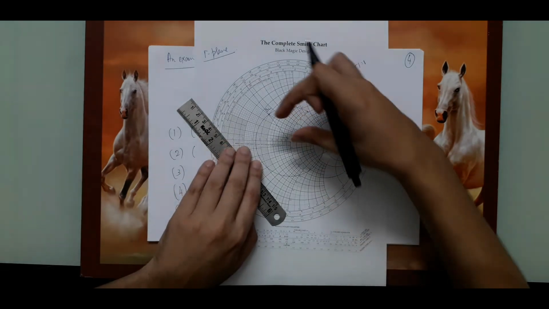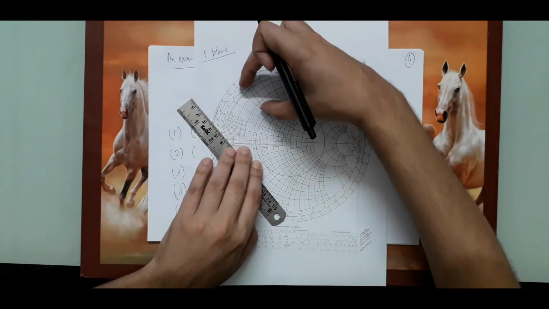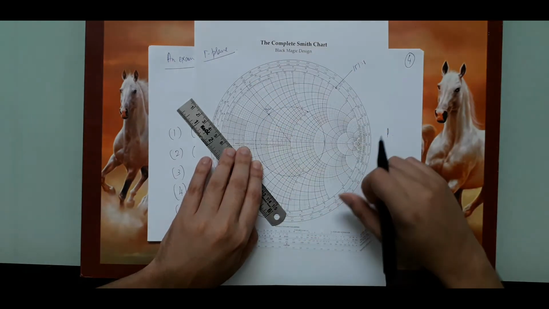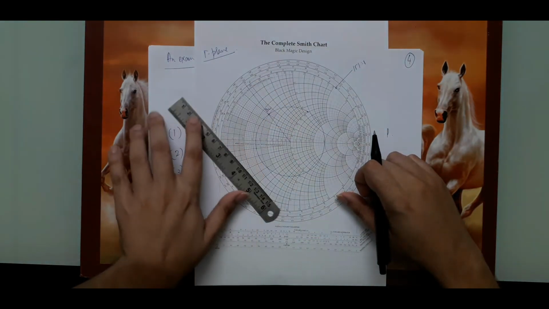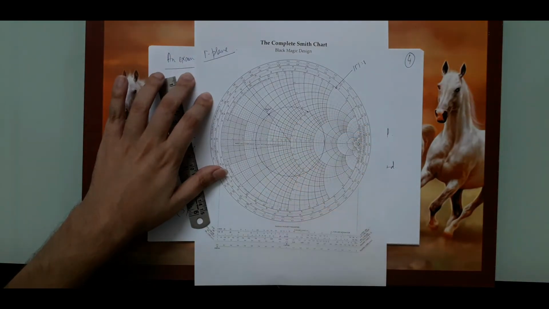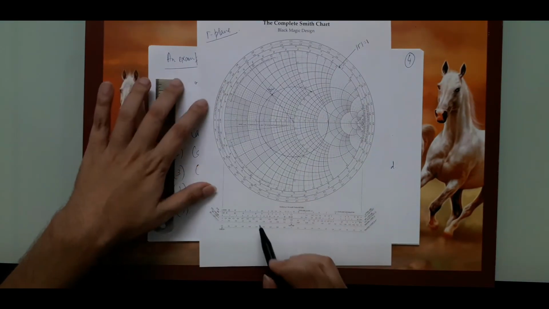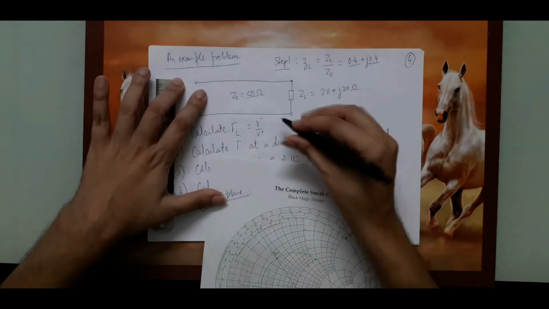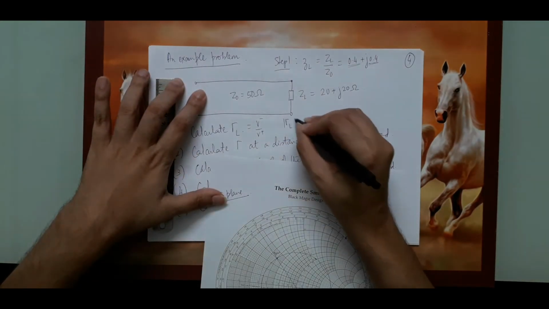And simply take the ratio of this distance to this distance. So 3.9 divided by 7.8 is about 0.5. And if you notice, the perpendicular will also hit somewhere around 0.5 over here. So now we know the first solution, that is mod gamma L, that is 0.5.